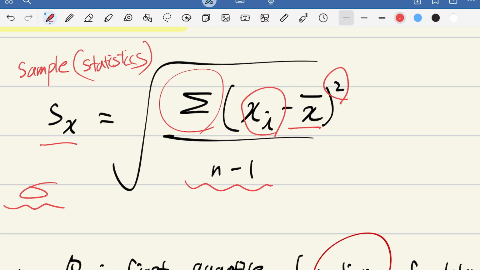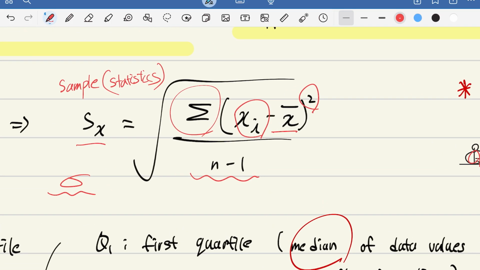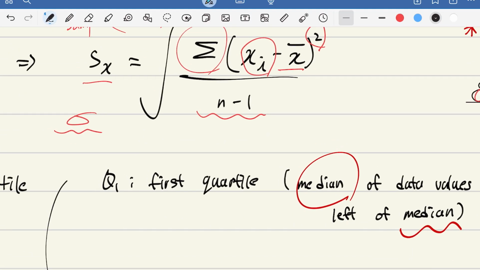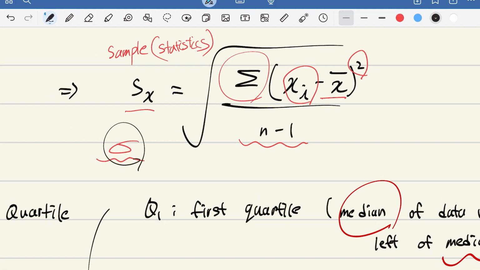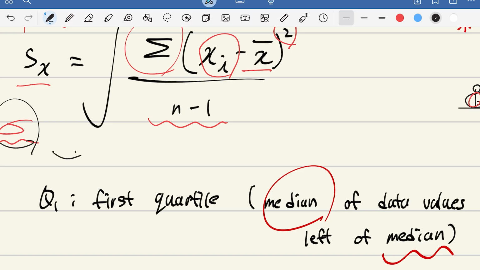How this formula is derived is not really necessary to explain, but you can look at your textbook for this. There's also the population standard deviation, which has a slightly different formula: the n minus 1 changes into n, so you just don't do minus 1.